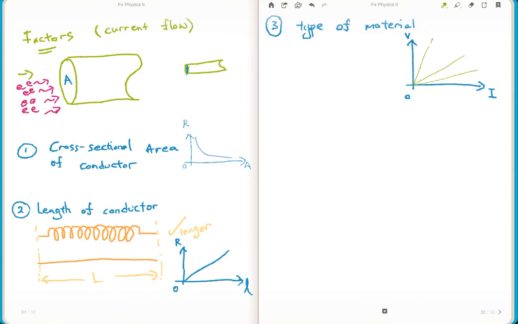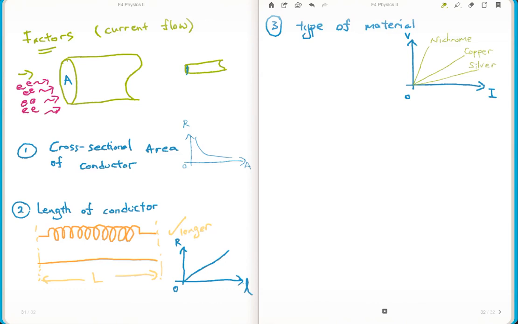Nichrome is normally used for heating elements because the gradient is very steep, as compared to copper. You may have a list of materials in your reference text, but maybe another one I will talk about is silver.